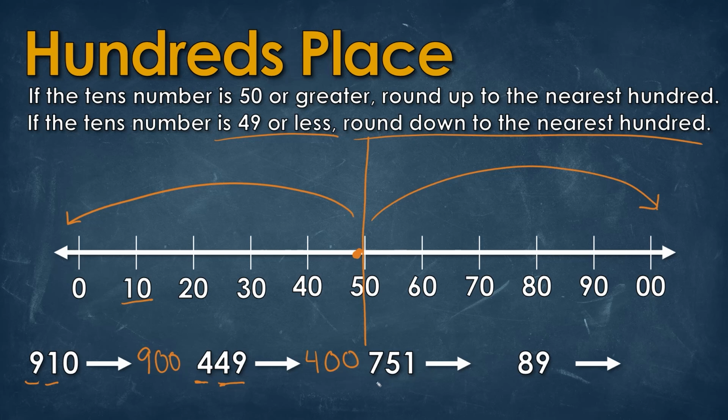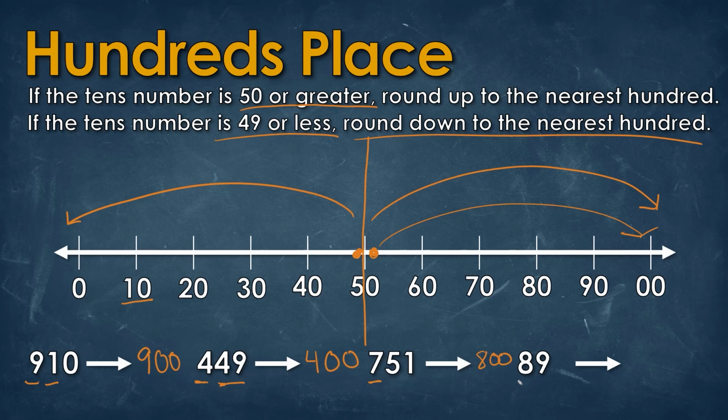What if we have 751? We can take a look and see that 51 is greater than 50. It's on the right side, directly right here, so we'll round up. So 700, our hundreds place, if we round up, goes to 800. Now let's try this last value.